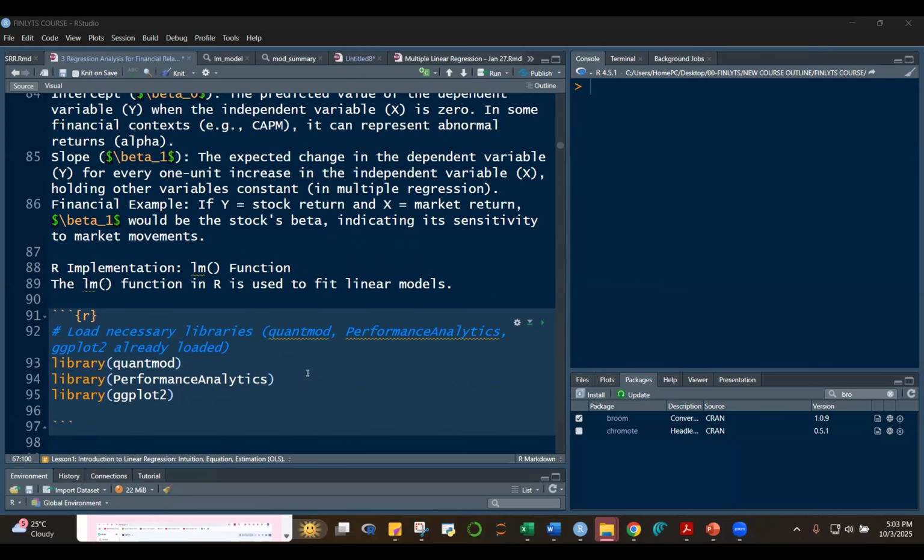So let's now go here. Sandali lang, class. I hope we have loaded this before class.